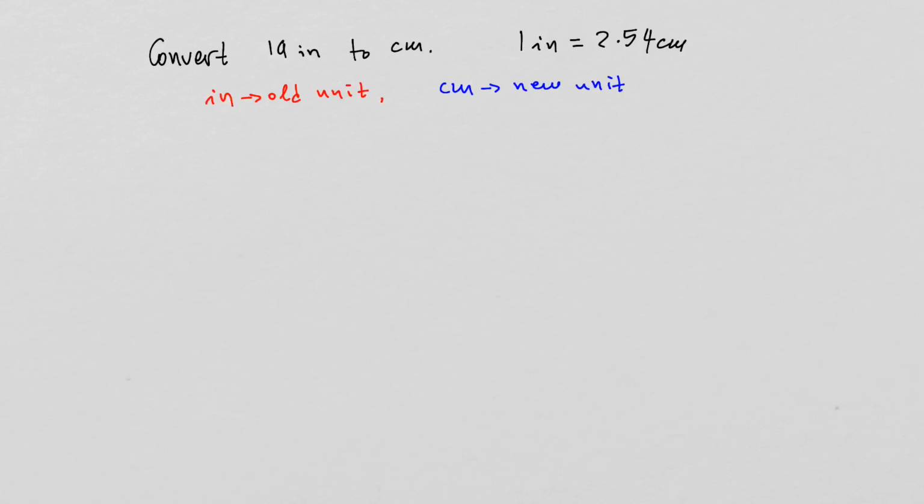Since I'm converting from inches to centimeters, inches are the old units and centimeters are the new units. So therefore, since inches are in the numerator here in the original expression, that means that in the conversion factor, inches must be in the denominator. So the conversion factor then would look like so: 2.54 centimeters divided by 1 inch.